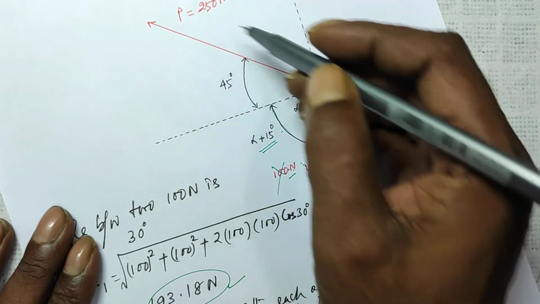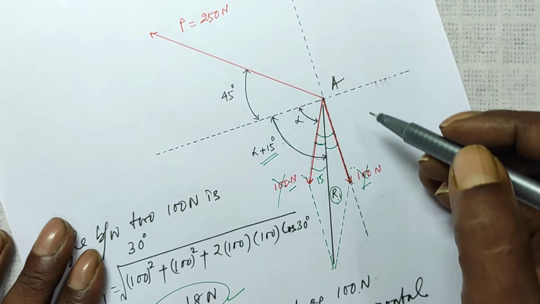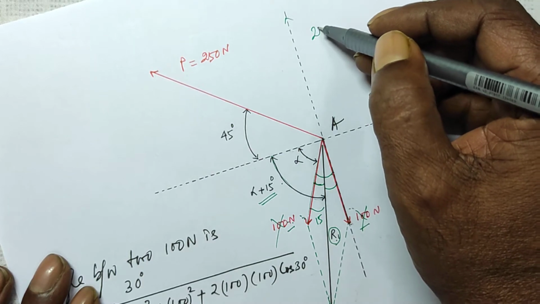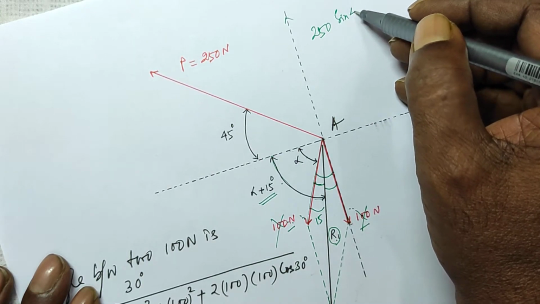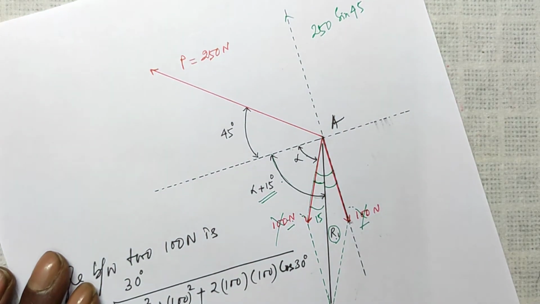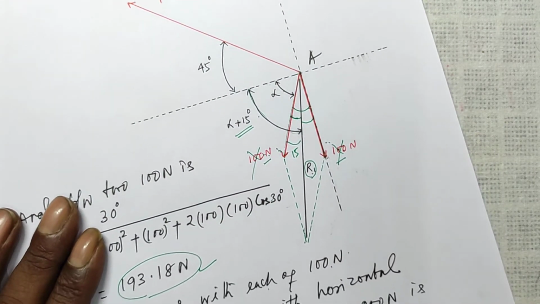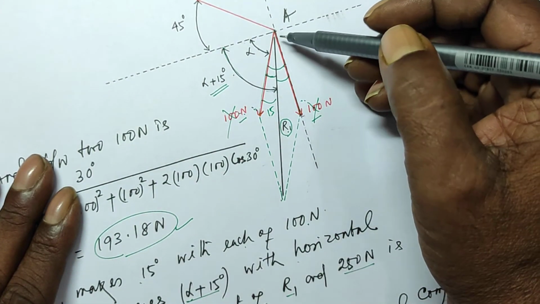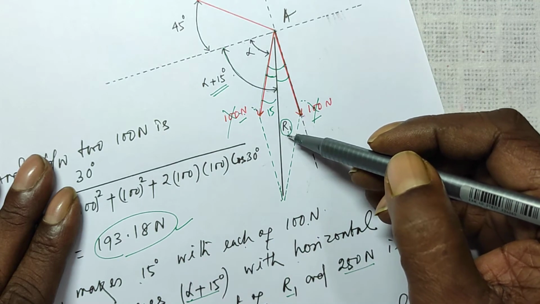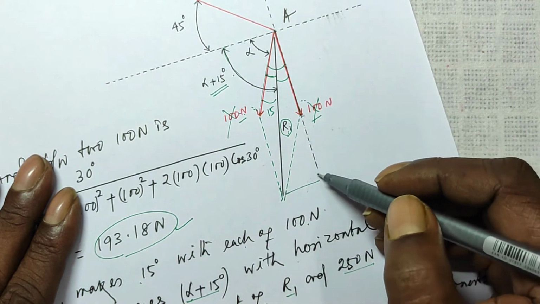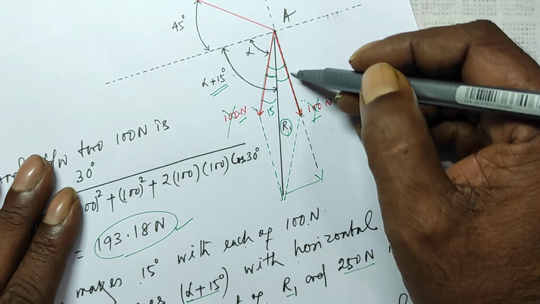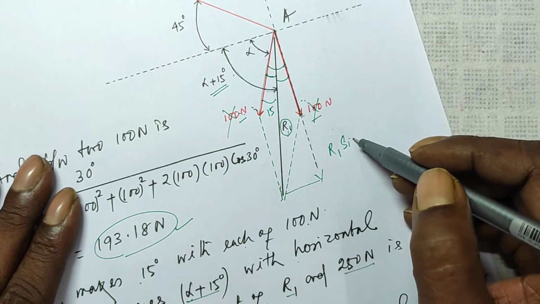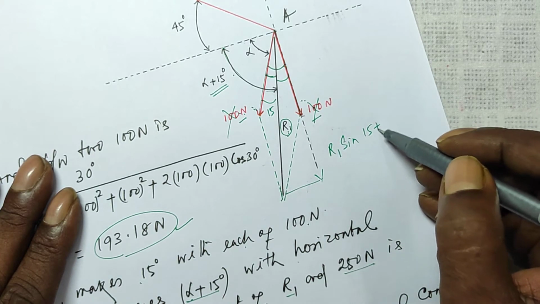Now, if this is 250 and this is alpha, its vertical component will be 250 sine 45 along positive y-axis. And the vertical component, that is along the y-axis, of this resultant R1 will be R1 sine of 15 plus alpha.